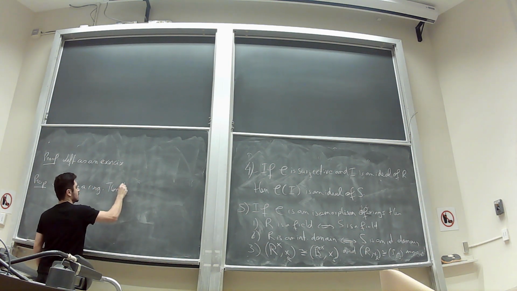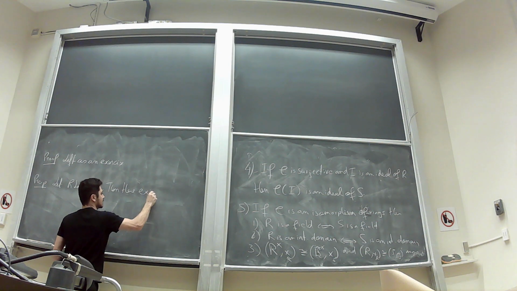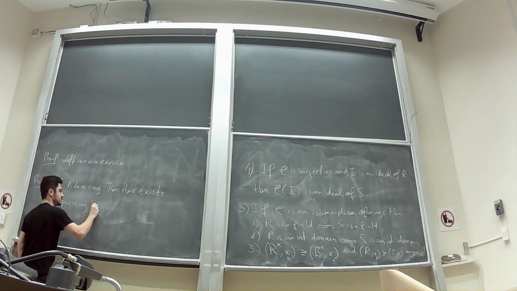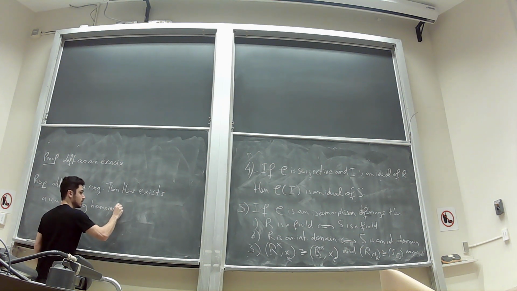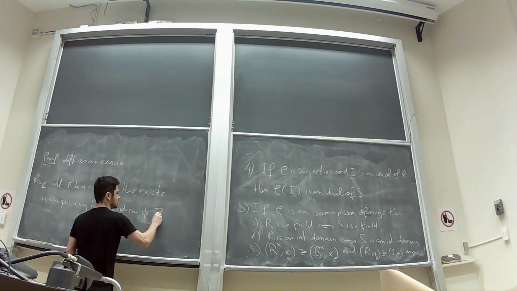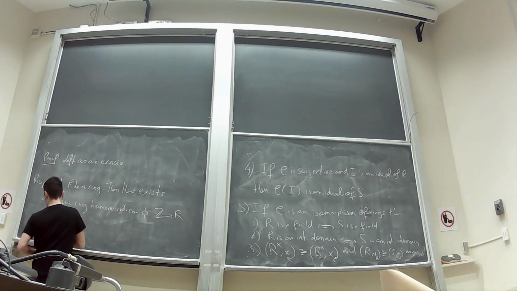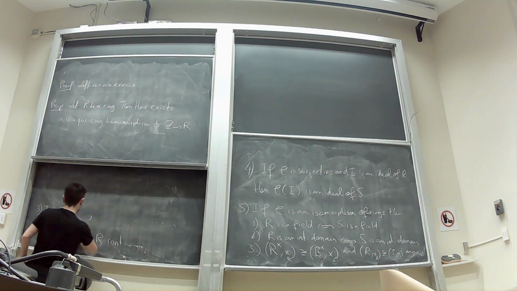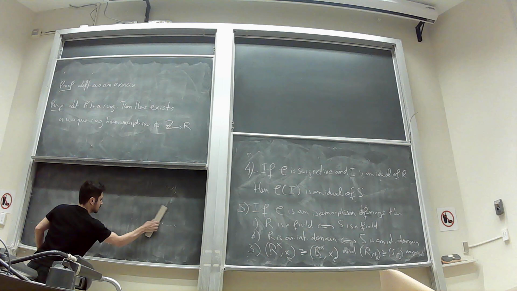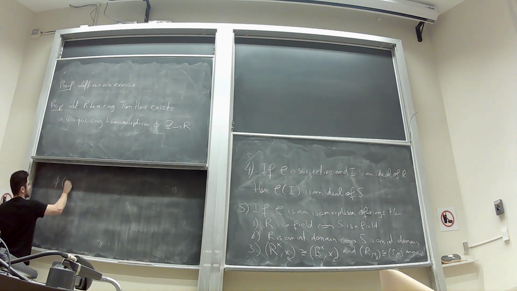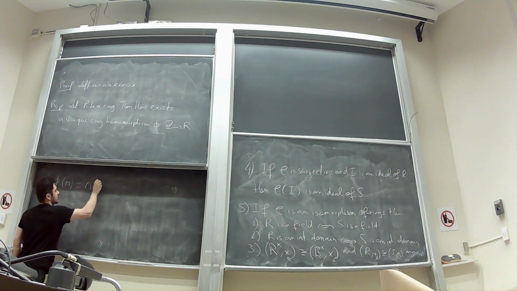Then there exists a unique ring homomorphism phi from Z to R, and phi is given by phi of n is n times 1_R.